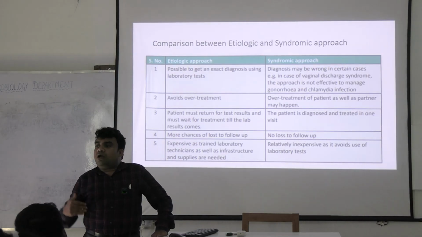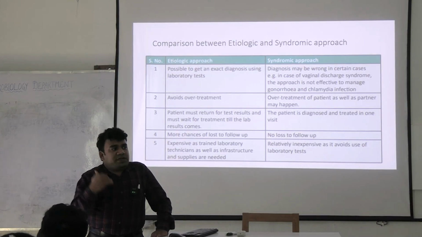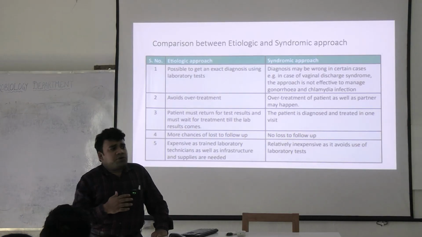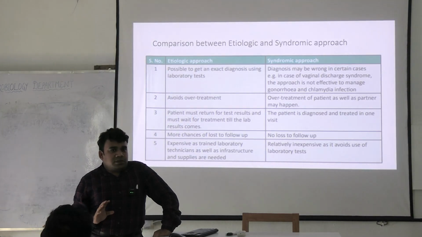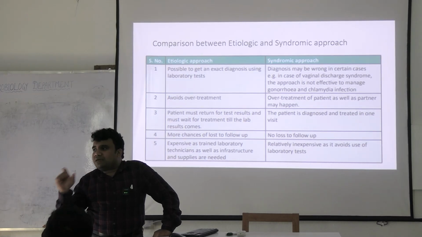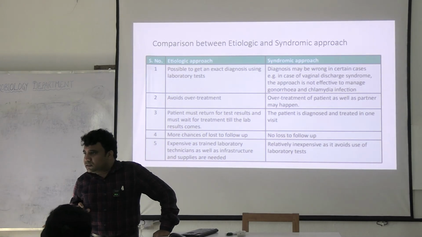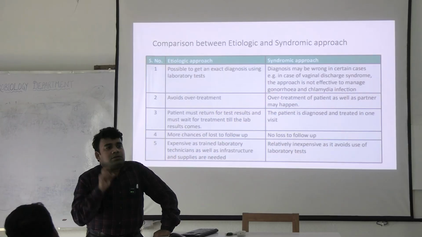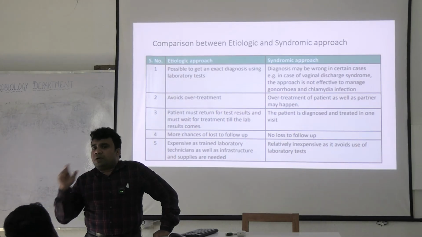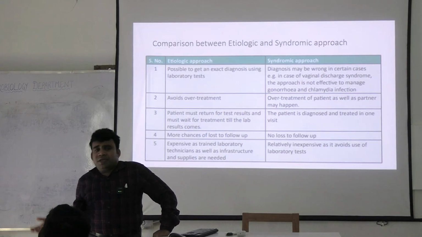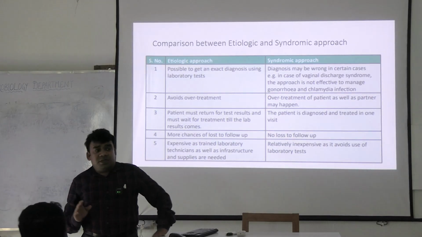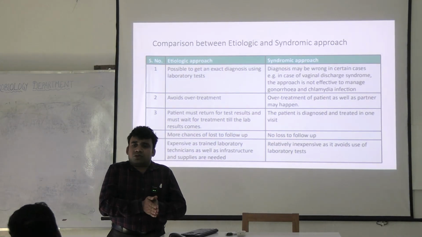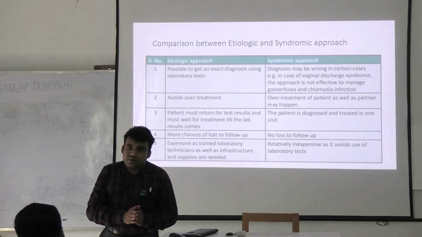Then we move for confirmatory testing via various laboratory methods. What is the goal of this testing? To get an exact etiological diagnosis, and then we commence the proper therapeutics, whether empirical or definitive, as the case may be. That means we are progressing based on the etiological aspect.